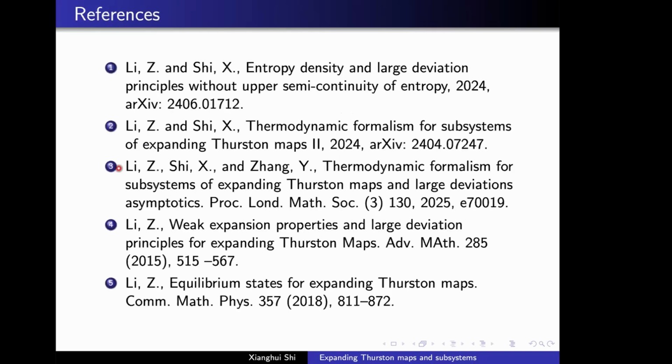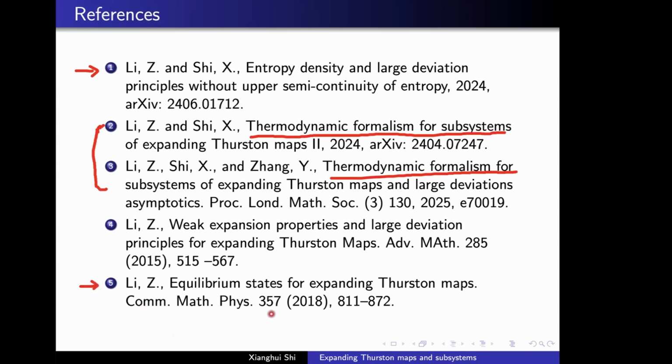Okay. Those are the references here. This paper is the center of this talk, and those two studies develop the thermodynamic formalism for subsystems. This one is for existence, and this one is for uniqueness. And in particular, this work partially extended this.